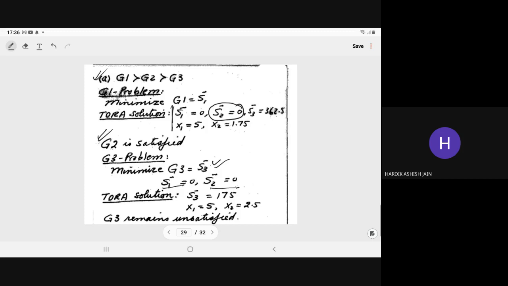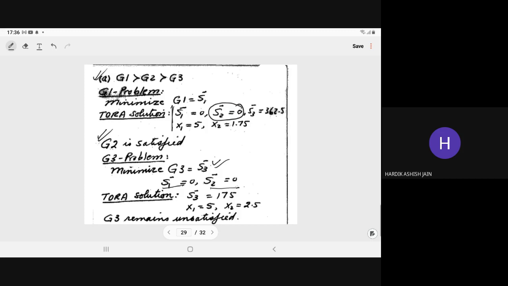So just remove the columns of S1 minus and S2 minus from the optimal table, because now S1 minus and S2 minus are non-basic variables at the zero level. A basic variable has some positive value, so you can remove that column.